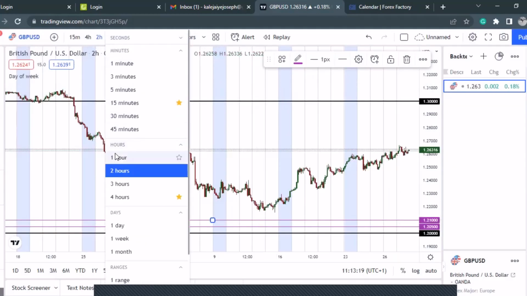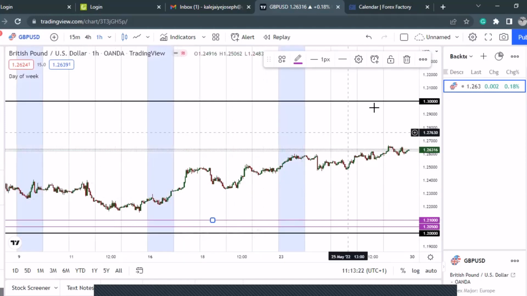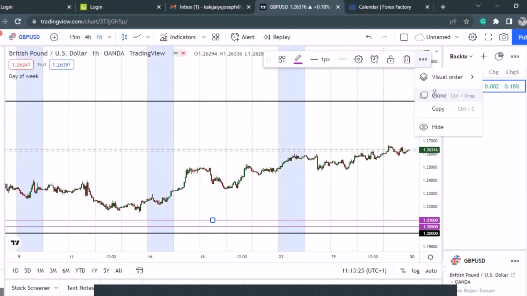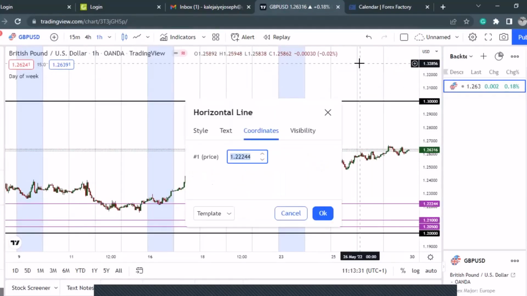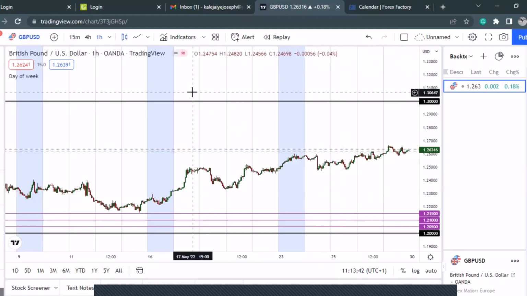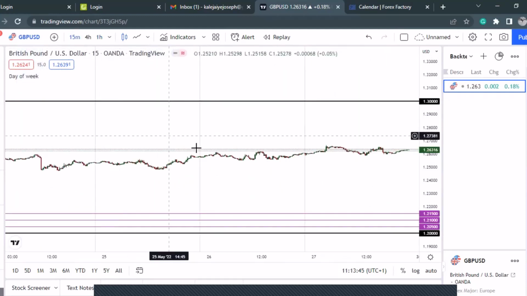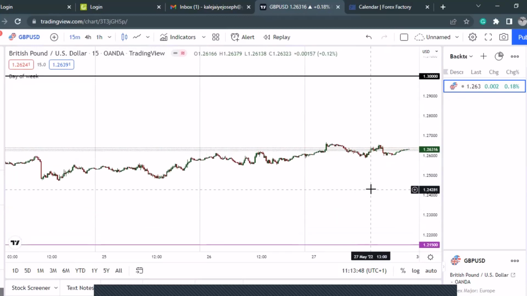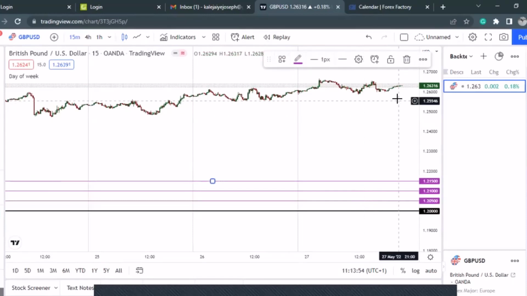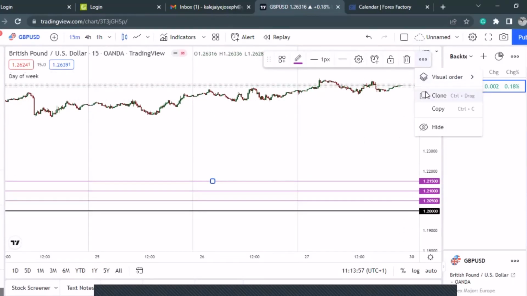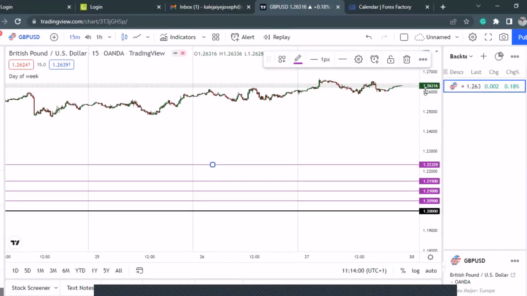Let me go a little bit down to the 1-hour time frame. That's too much. Okay, let me stick with the 15-minute time frame. Because I'm using 50s here, it's going to take a very long time, so I'm just going to be doing it steady.